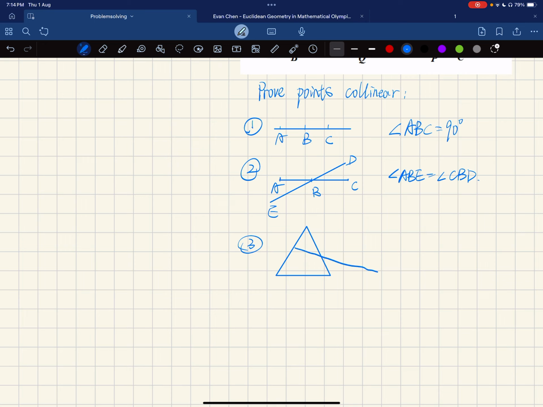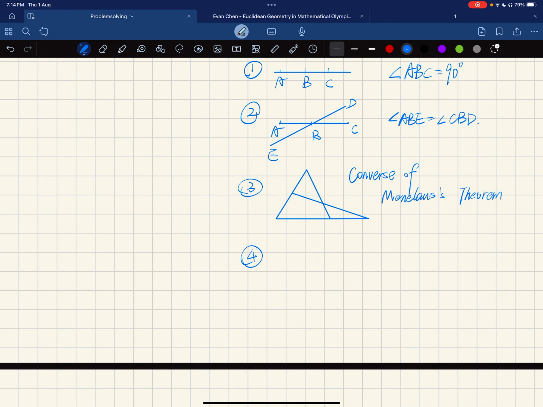That's the second. And the third, if we have one triangle and a cutting line, we can use the converse of Menelaus's theorem.